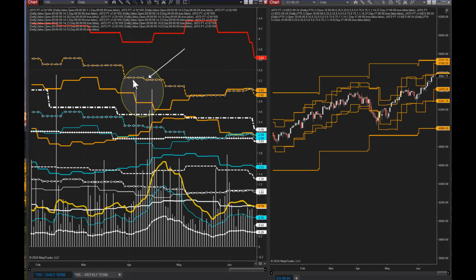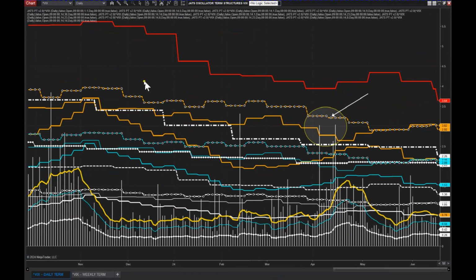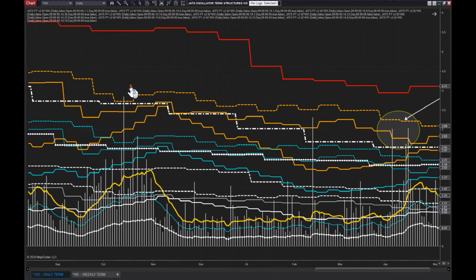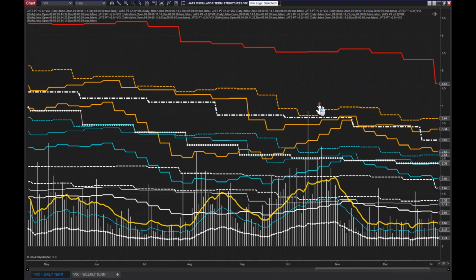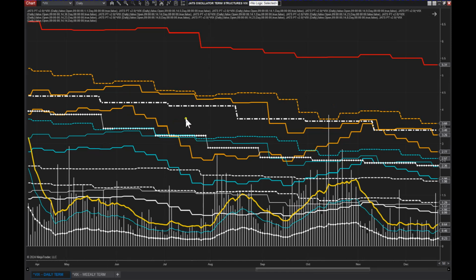And that's pretty normal. The 1 day vol rarely gets above that 8 day three. It can happen, and it has happened, but it's very rare. Like here, it poked above it just briefly, but most of the time, that's it for 1 day vol.